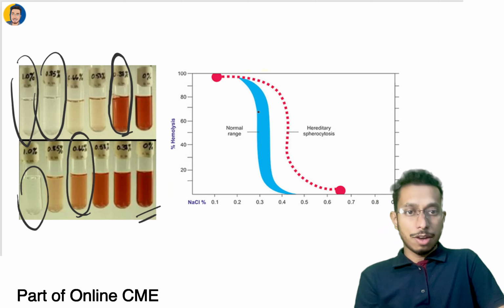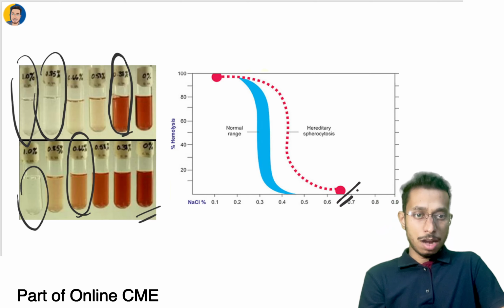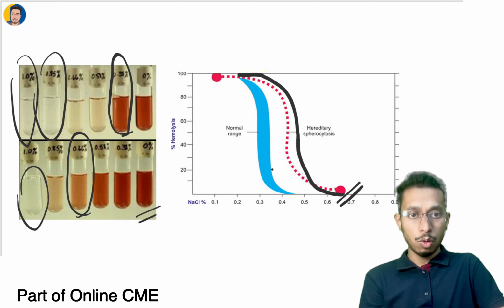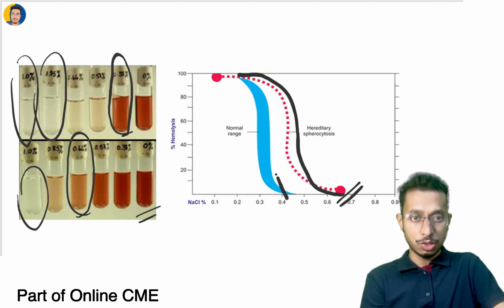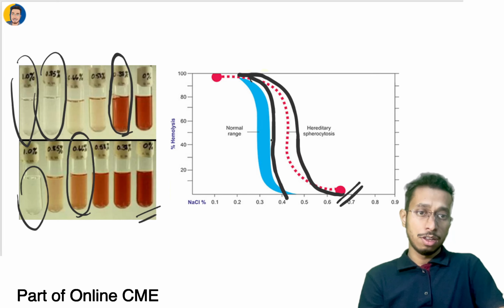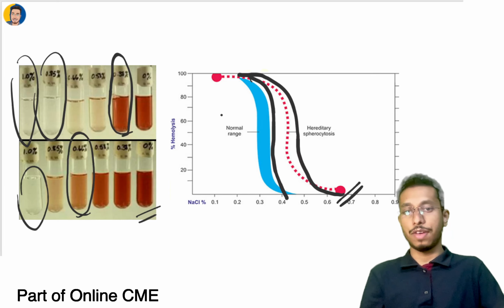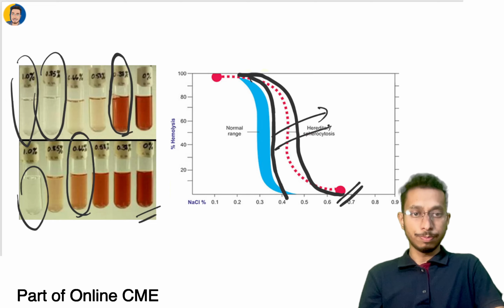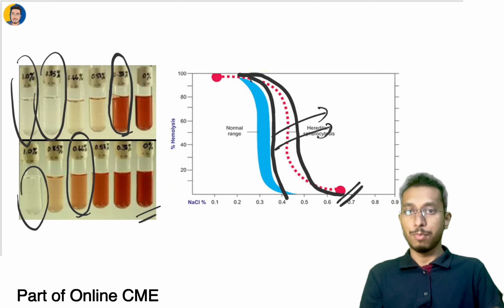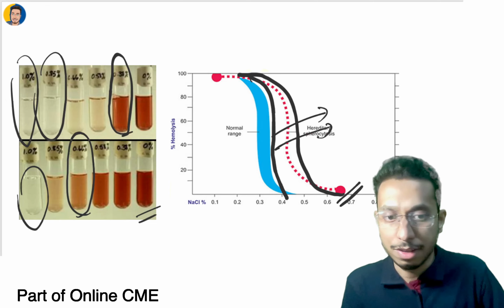So in the graphical representation, in the normal RBC, the start of lysis will be this curve, this one 0.41, and there will be a shift to the right in case of hereditary spherocytosis. So the shift to the right is very important in this osmotic fragility test.